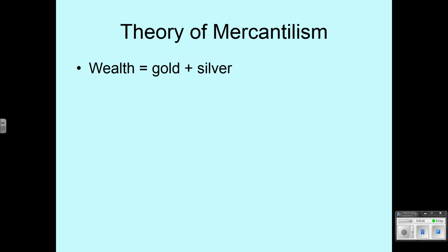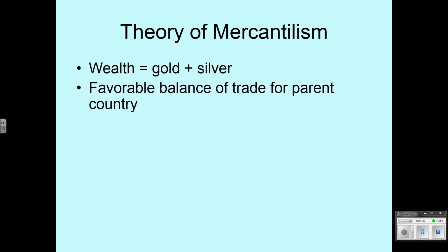So how do you change that? How do you get wealthier? Well, if you could sell more to another country than you were buying from that country, then that country would have to give you the difference in gold and silver, and that would increase your wealth. That's the way they thought.